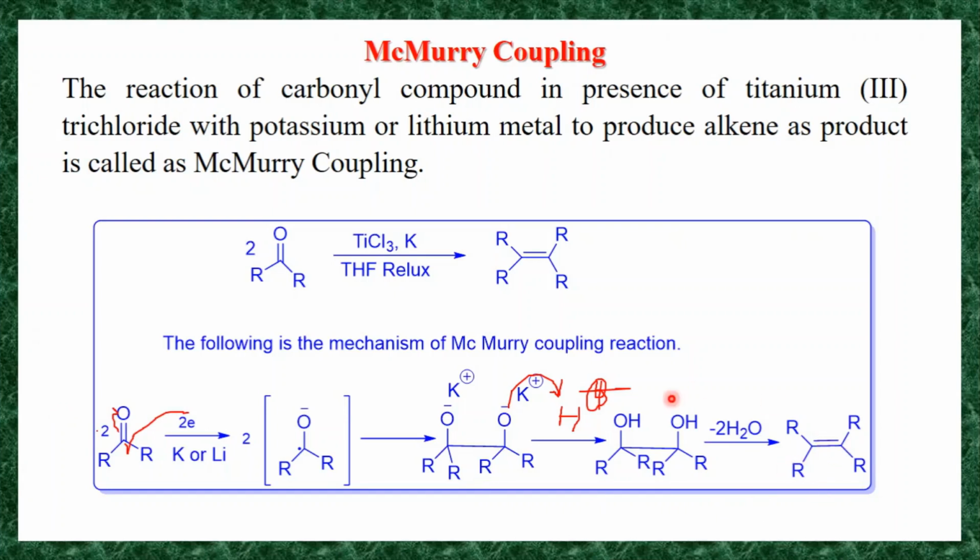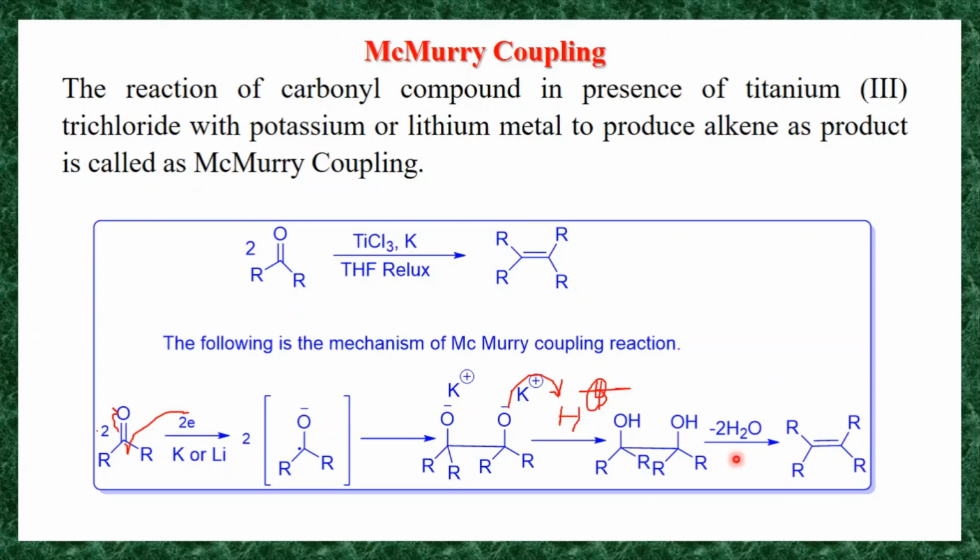So the difference between Pinacol coupling and McMurry coupling is that in both reactions you will get this 1,2-diol, but McMurry coupling is the extension of Pinacol coupling. Whatever diol you get undergoes dehydration, and you will get your alkene as a product.